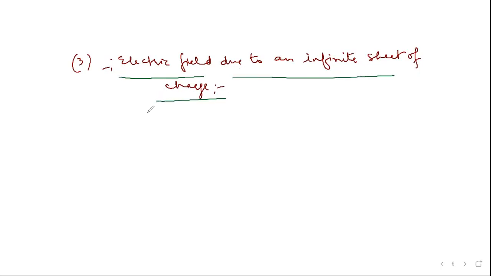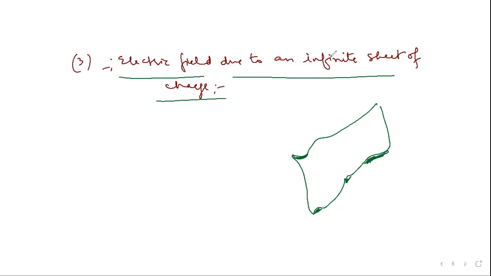Now I have a sheet of charge, infinite in extent, so there will be sigma, surface charge density, involved. So I draw a section of that infinite sheet, right?